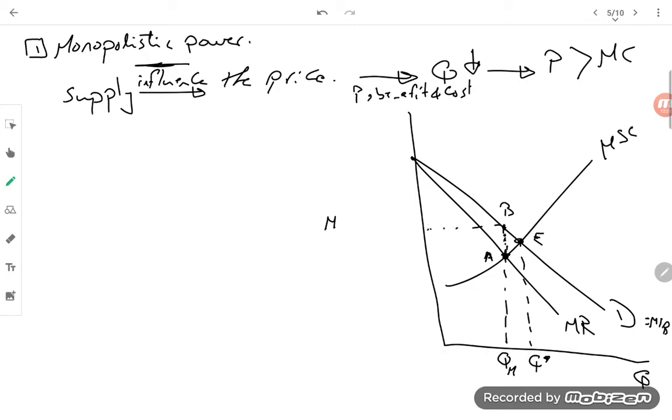This is the marginal social benefit of monopoly, which is equivalent to the price of monopoly. And this is the marginal social cost of monopoly. So marginal social benefit, or price, is greater than marginal social cost. So there is a welfare loss, or loss in net benefit, equivalent to the area of this triangle.